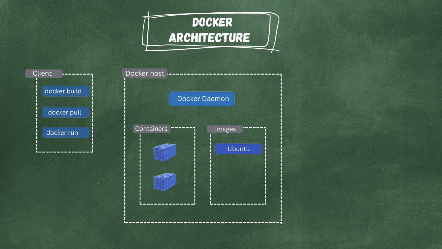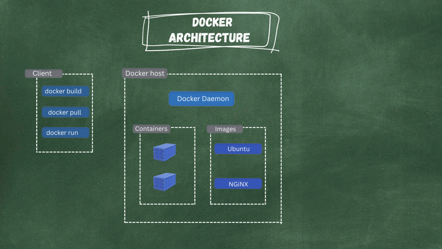You can think of images as a snapshot of a file system and parameters needed for running a container, which means there are so many images already placed on Docker Hub. So whenever we need to create a container, we just pull that image from Docker Hub and create the container.